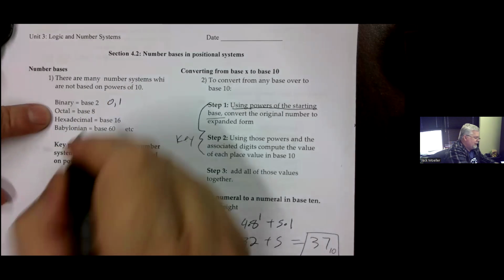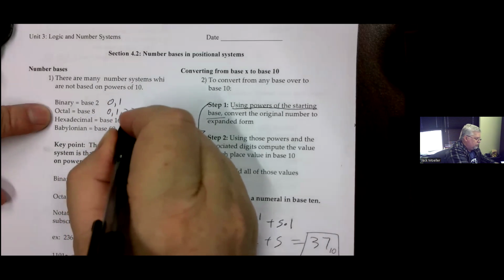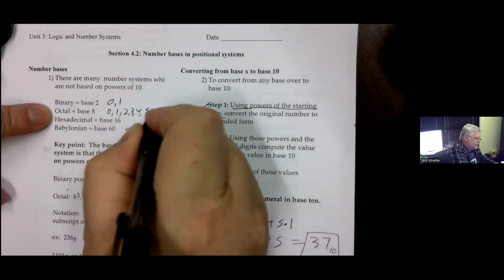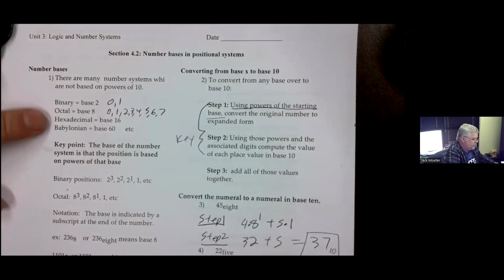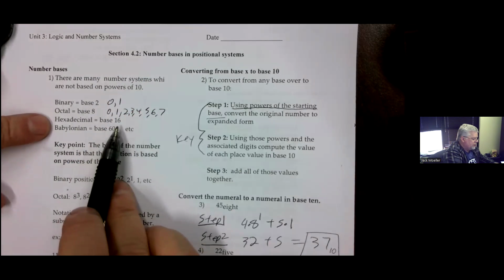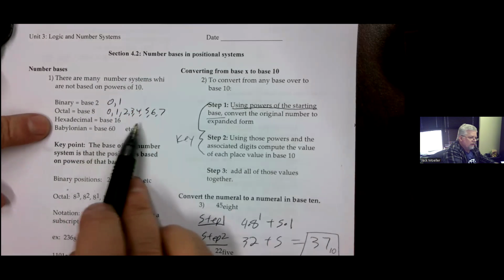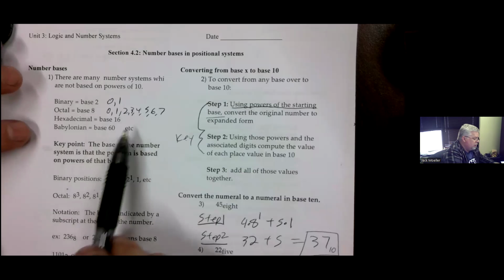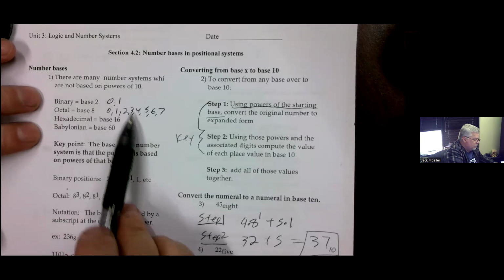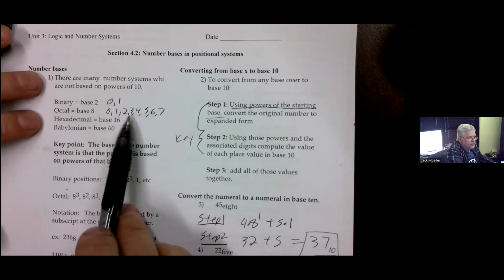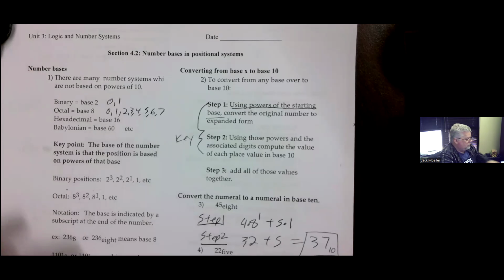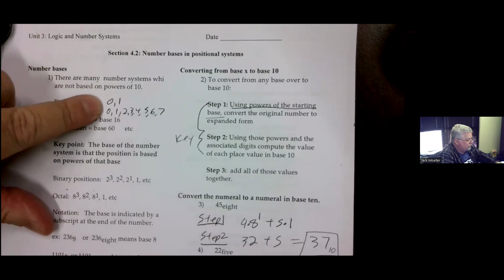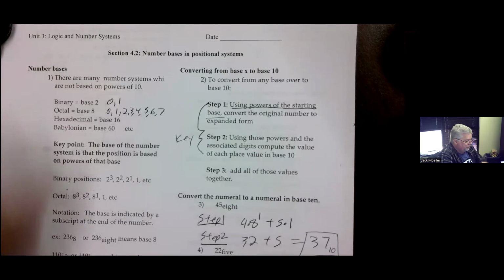If you're dealing with base 8, it's 0, 1, 2, 3, 4, 5, 6, 7. If you're dealing with hexadecimal, once you get past 10, then we start having letters. So that's why with binary, our answers to division are always going to be 0 or 1.